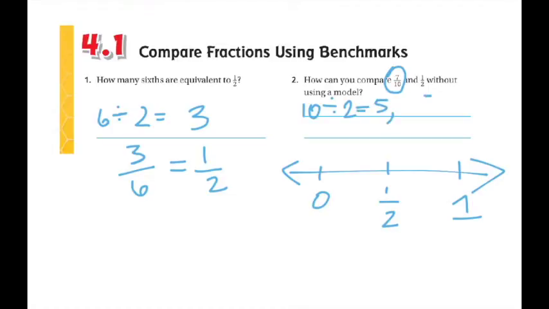Therefore, 5/10 equals 1/2. And we know that because there's more, 7/10 has to be greater than 1/2. 7/10 is going to be somewhere over here on the number line. So I know that because 5/10 equals 1/2, 7/10 has to be greater than 1/2, just because 7/10 is greater than 5/10.